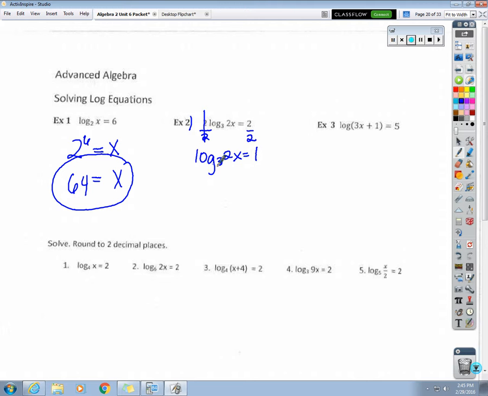Now when I rewrite it, what will that look like once I've rewritten it? 3 to the 1st power equals 2x. Well, what is 3 to the 1st power? We did. We divided to get it over here. 2 divided by 2 is 1.